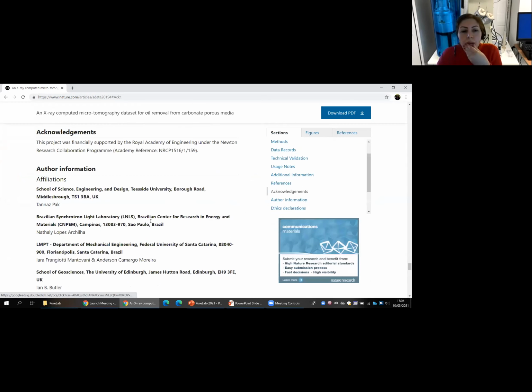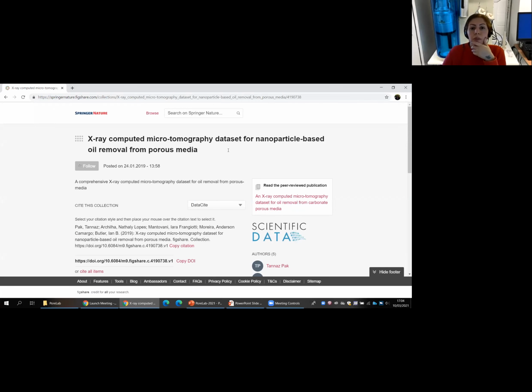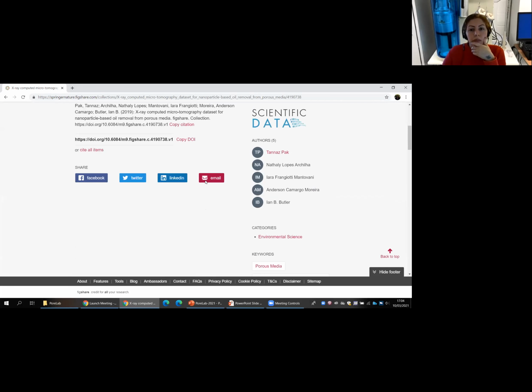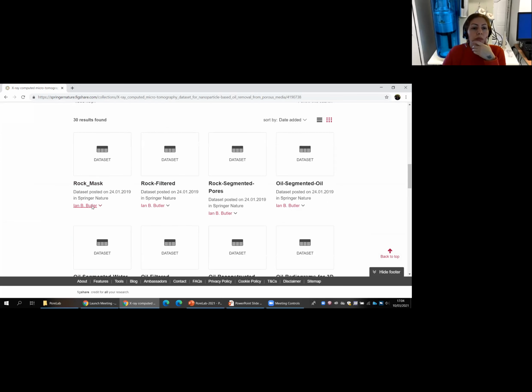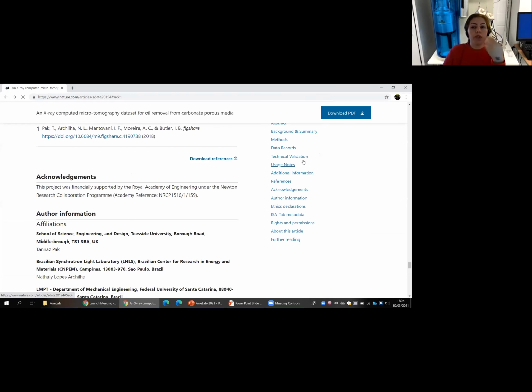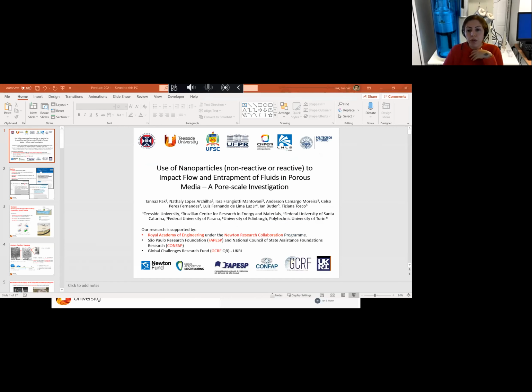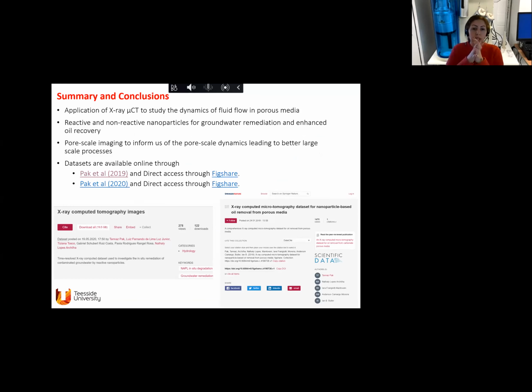So the data is deposited on the Figshare repository, and you can basically just download the data, and there's a data descriptor. So the paper is the data descriptor. It describes what the data is in great extent. So you basically will be able to understand the data and hopefully use it.